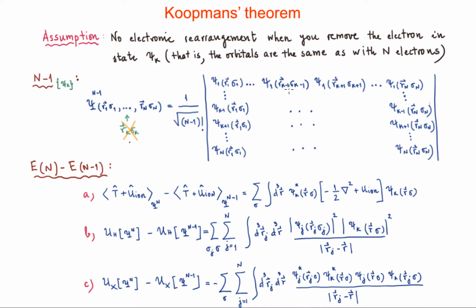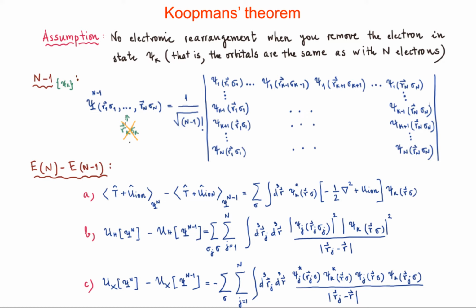It goes from r_{k-1} to r_{k+1}. In the other direction, there is no row corresponding to state c_k. So basically we are removing a row corresponding to state c_k and a column corresponding to the variables r_k. Therefore, you have an (n-1) by (n-1) determinant, and a new renormalization constant for that.